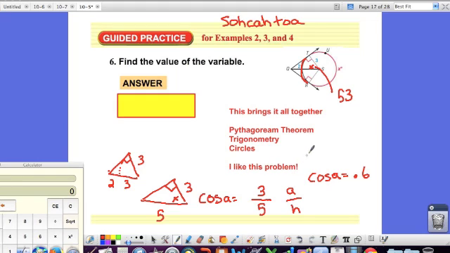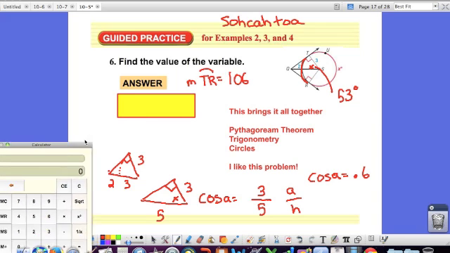Inverse cosine is saying what angle measurement does that ratio equate to. If this is 53 degrees and this is 53 degrees, then this red arc, the measure of arc TR, is 106 degrees.